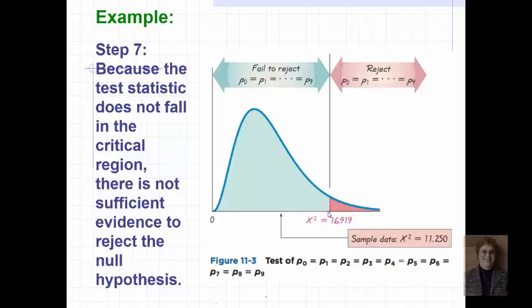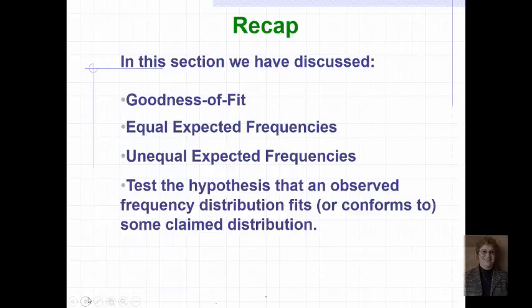Sorry, table A4, and we want our area to the right to be 0.05 or less, and so our critical chi-squared statistic in our case would be 12.592, which our chi-squared statistic didn't get close to. So that's goodness of fit.